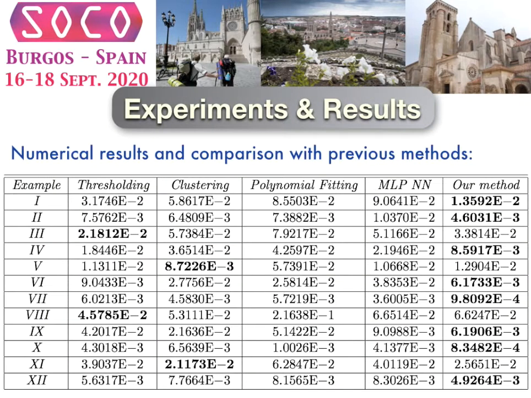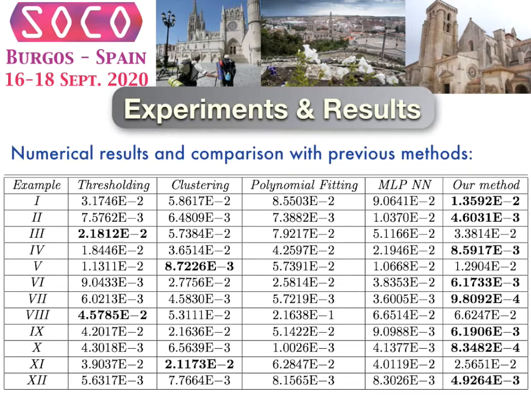And here are the results we get. In this table we display the results for the different examples, shown in the first column. We have 12 different examples in our benchmark. Then we have different methods: thresholding, clustering, polynomial fitting, a multi-layer perceptron neural network, and in the last column, our method.